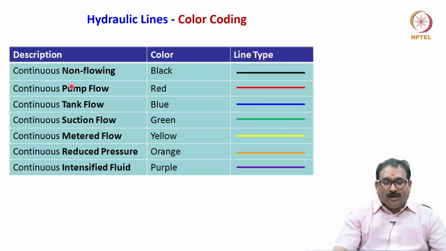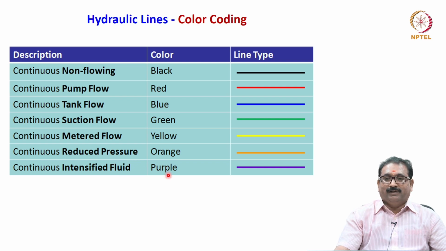You will see here: continuous non-flowing lines are black, continuous pump flow red, continuous tank flow blue, continuous suction flow green, continuous metered flow yellow, continuous reduced pressure orange, continuous intensified fluid purple. Some of the color coding is also used whenever there are various lines, for easy identification by the maintenance people as well as the user, as I have told you in the aircraft.